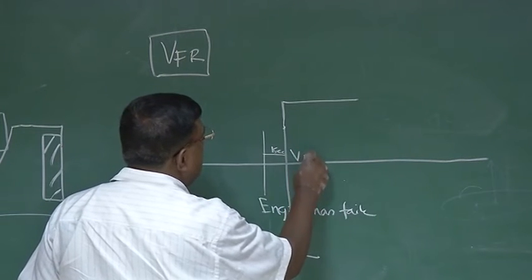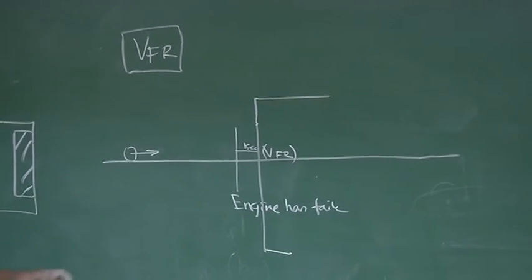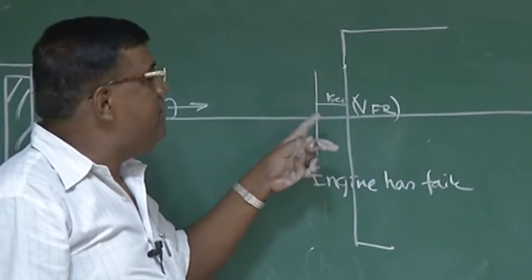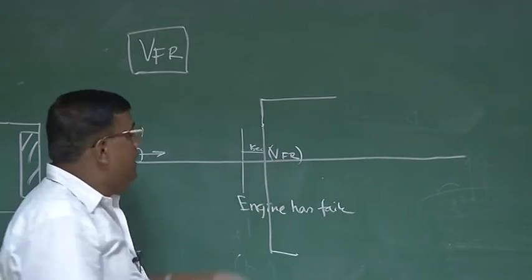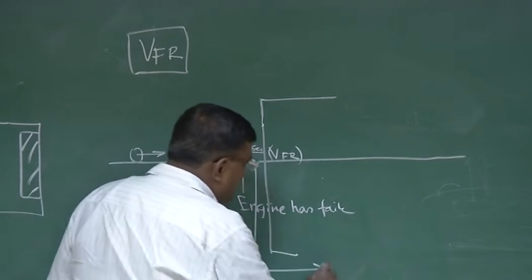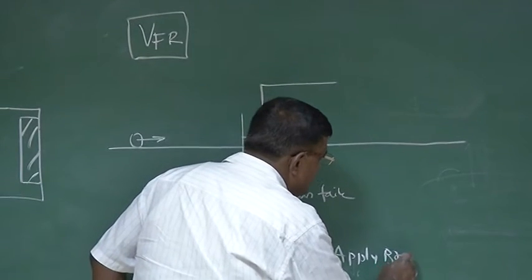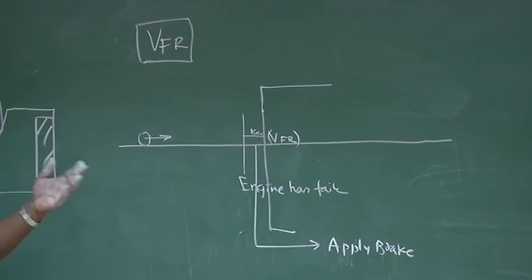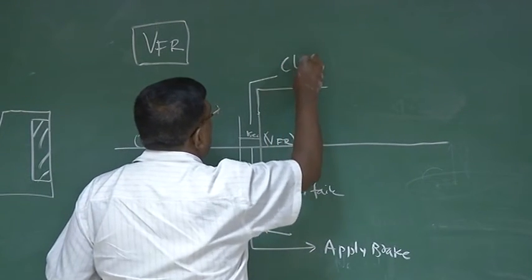I told you, he is given a speed as a guideline: check the speed at which one engine has failed. If it is less than VFR, then simply apply brake. If it is more than VFR, then go for climb or takeoff.